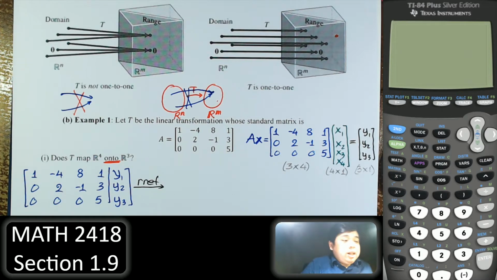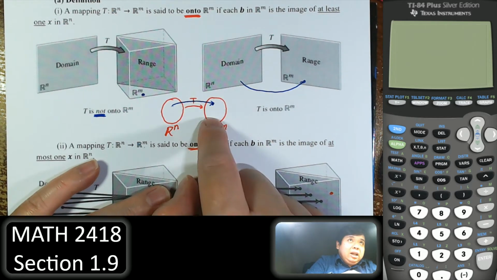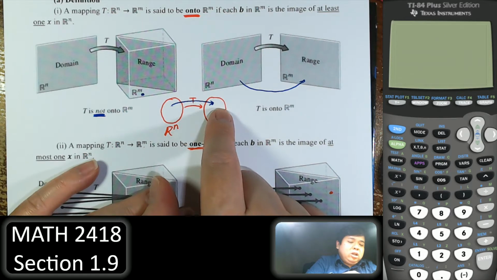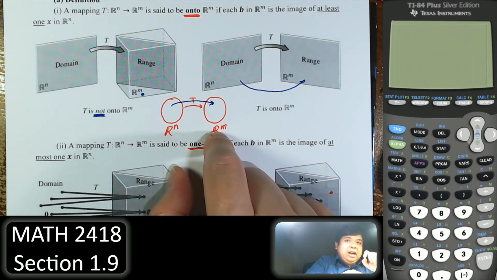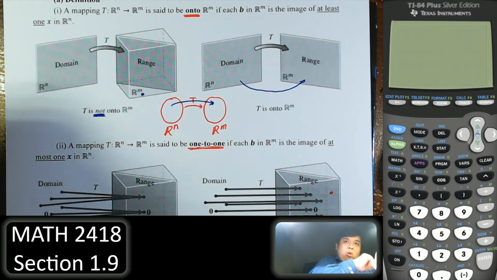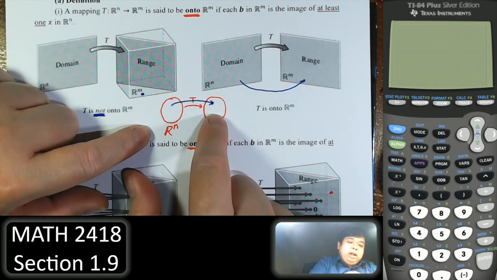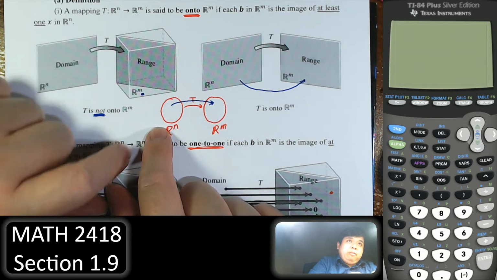Before we do that, let's go back to the definition of onto. Onto means that every point in Rm has an arrow pointing to it. Loosely speaking, every point is an image of a point from Rn. Every point in Rm is an image of a point from Rn.